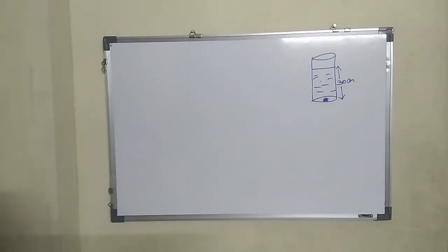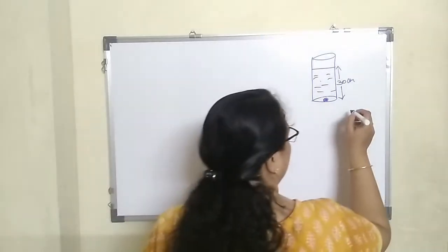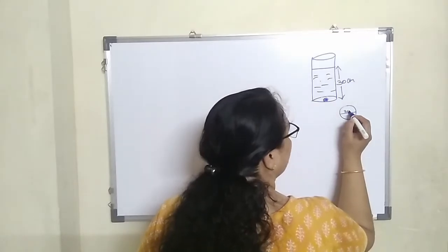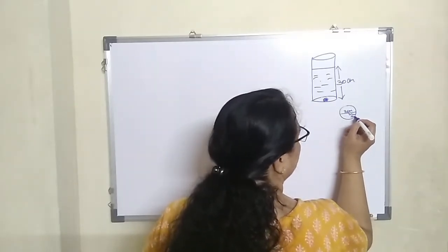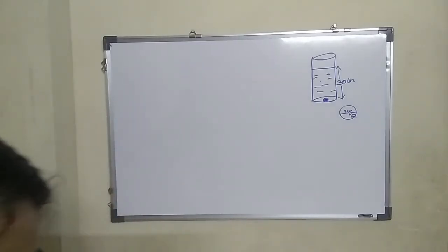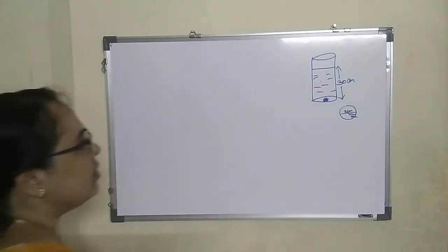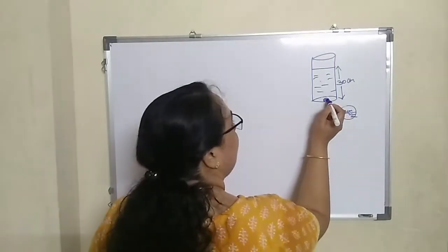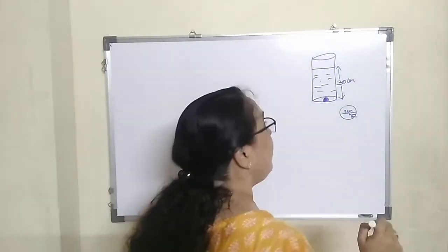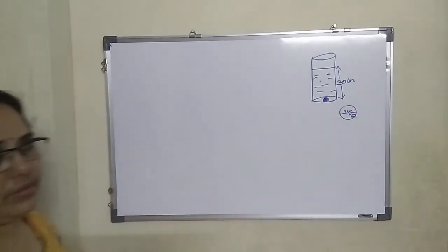Very bad. A metal sphere of diameter 2 centimeter. So there is a sphere whose diameter is 2 centimeter. So what is the radius? Very simple, 1 centimeter. Find the volume of the water. Tell me, by putting this one solid, a metal sphere, what happens to the water?